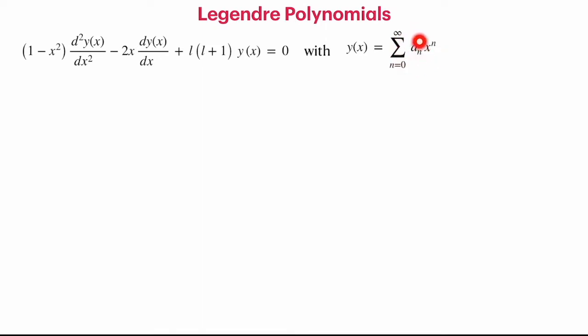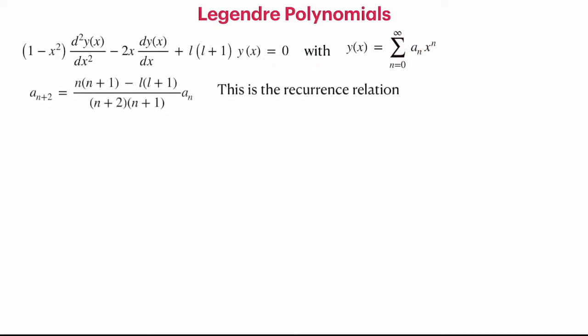We have to find a_n, substituting this in the differential equation, leading to the recurrence relation a_(n+2) is equal to [n(n+1) minus L(L+1)] divided by [(n+2)(n+1)] times a_n.